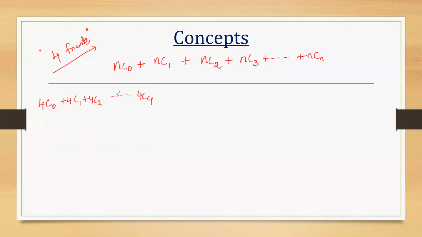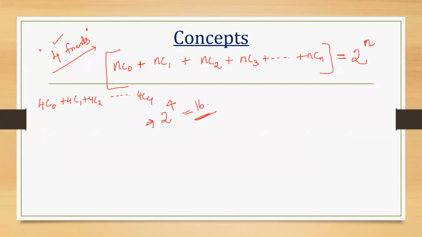Instead of that, we can apply 2 power n. The formula is 2 power n, where n is the number of friends or number of people you are going to invite. So for this example, the answer is 16.